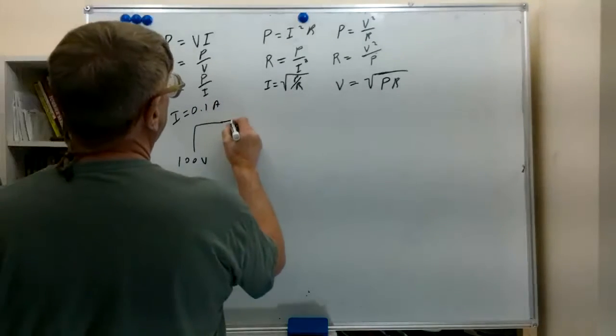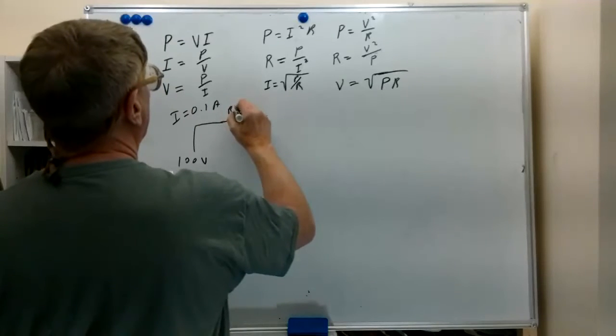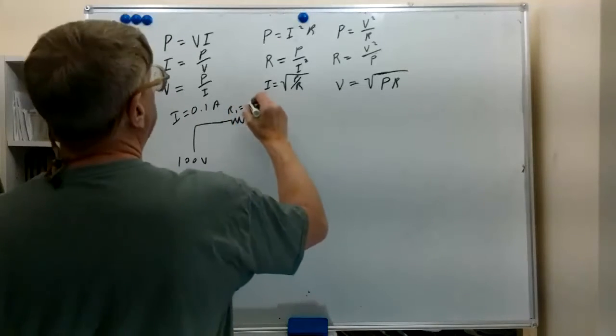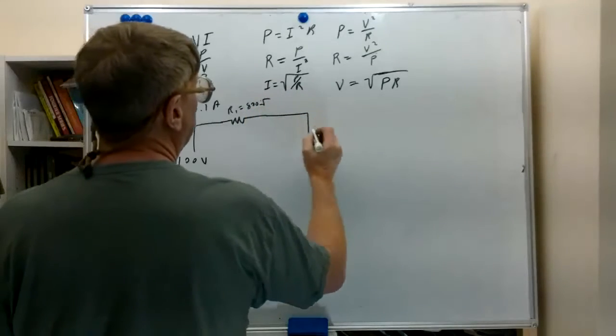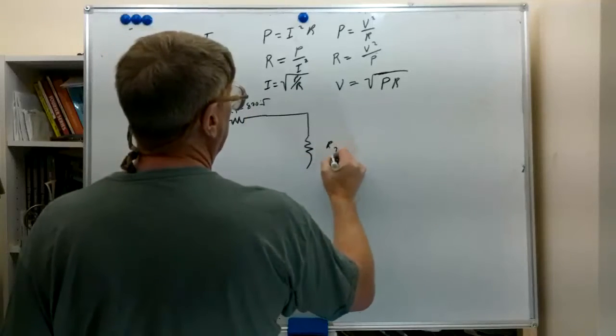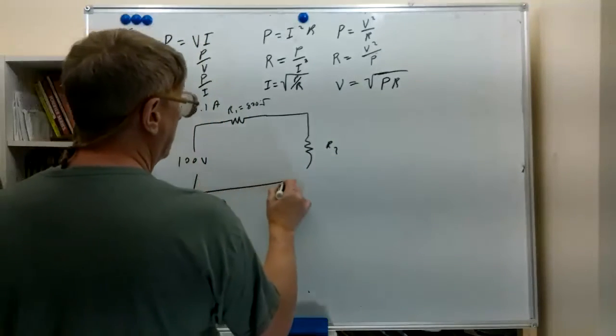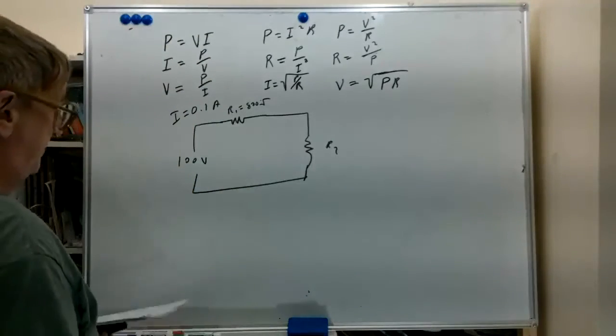And we have a resistance, we call this R1, which is equal to 800 ohms. And we have another resistor. We need to pick a resistor here for R2 which will give us the 1/10 of an amp.